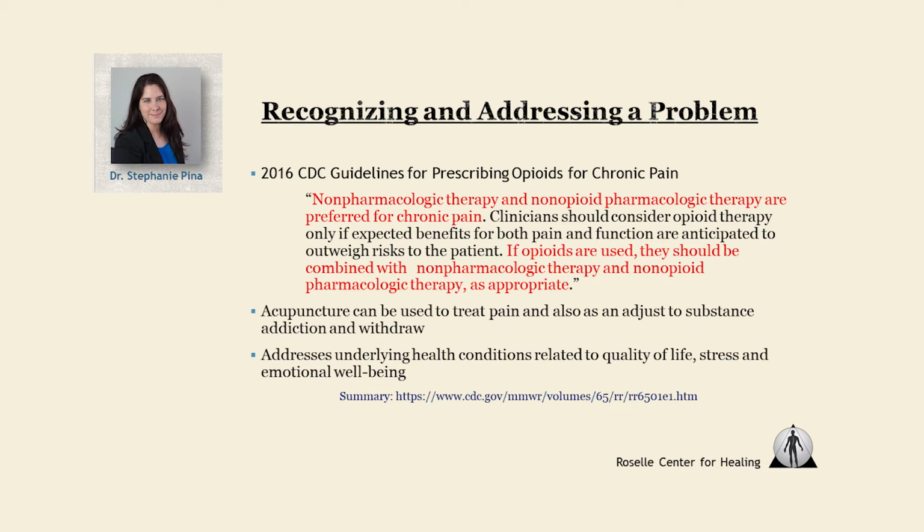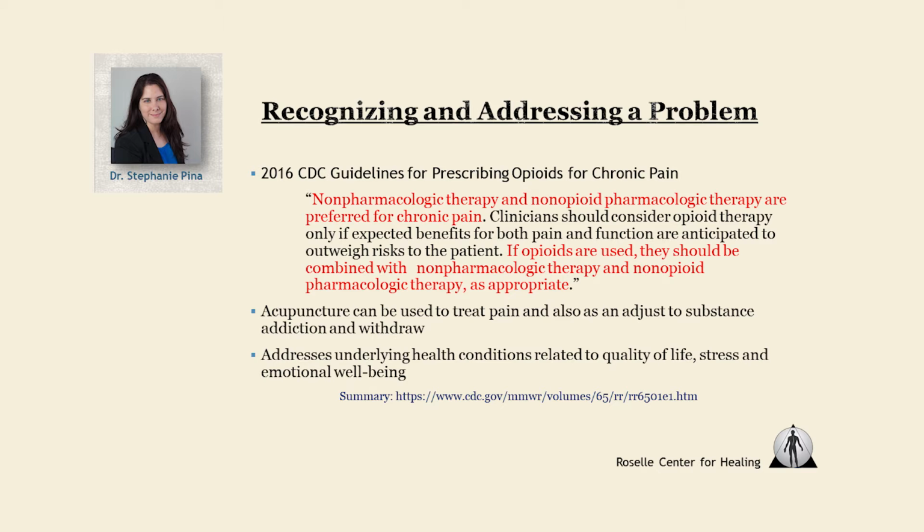By doing so, they were hoping that physicians would use less of the medications that may have to be increased over time and help combat mortality and morbidity rates, and also the increased need for opioids. They suggested that if opioids are used, they should be combined with non-pharmacological therapies and other types of therapies as well.